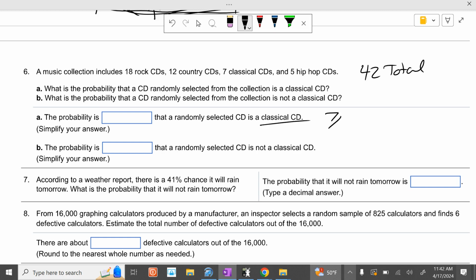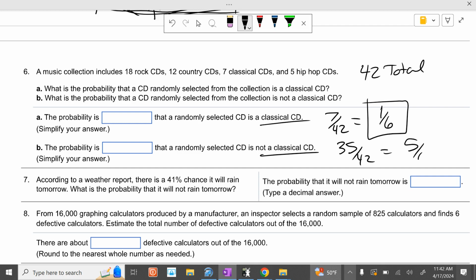Well, there's 7 out of the 42. Simplify your answer. That's a 1 out of 6 shot. Probability that it's not classical. Well, if there's 7 that are classical, how many are left that are not classical? 35 out of 42, which is 5/6.